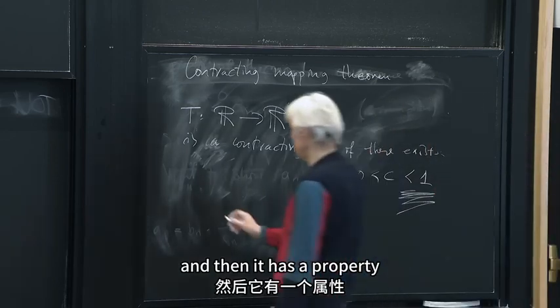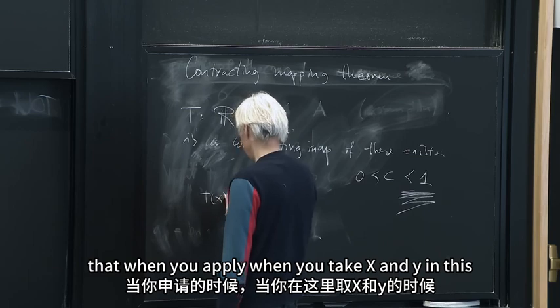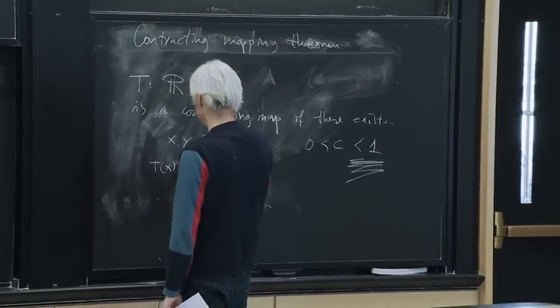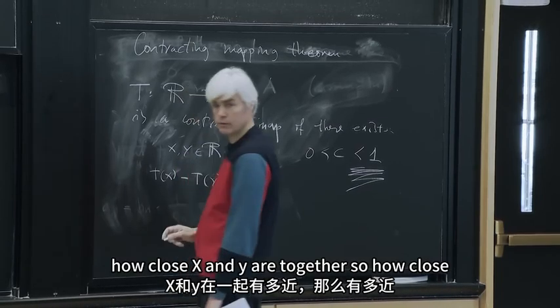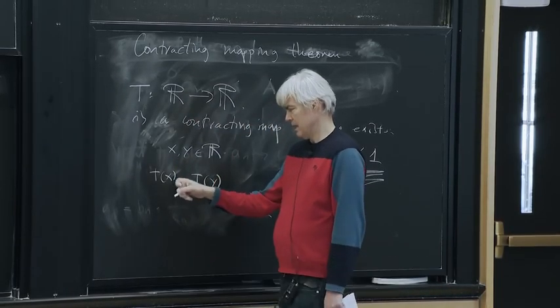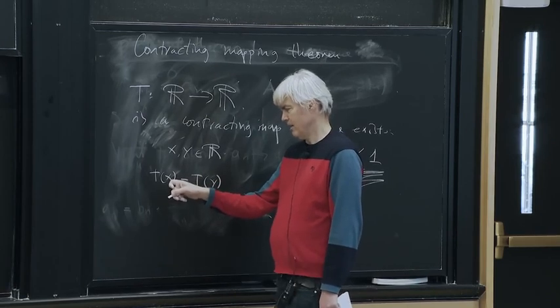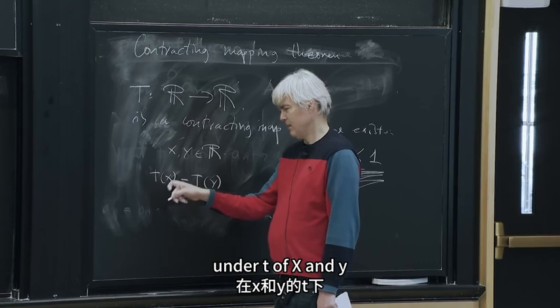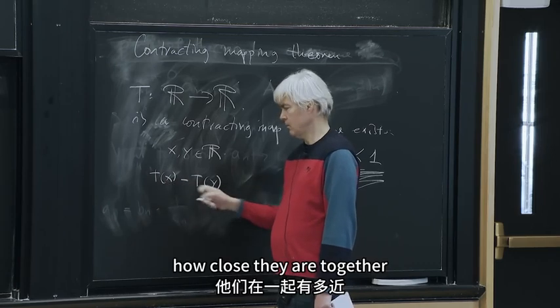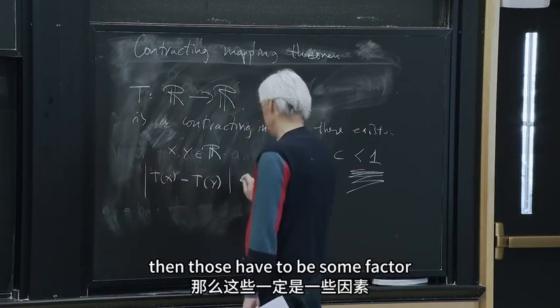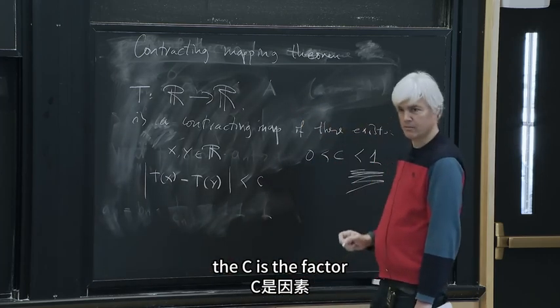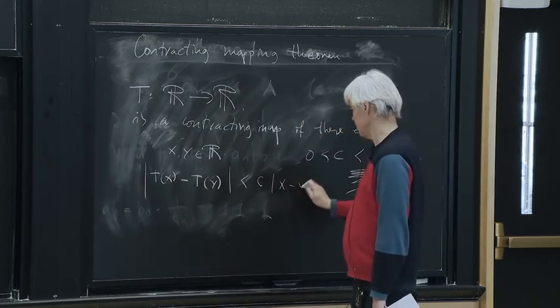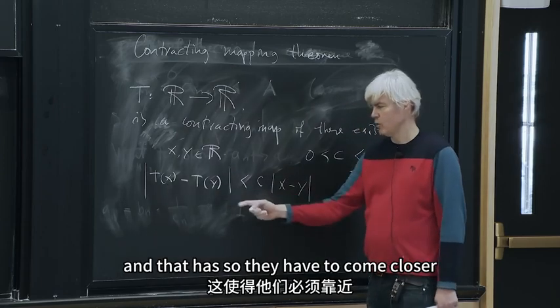When you take X and Y in R and look at how close X and Y are together, then how close the images under T of X and Y are has to be some factor of that, and C is the factor, so they have to come closer.